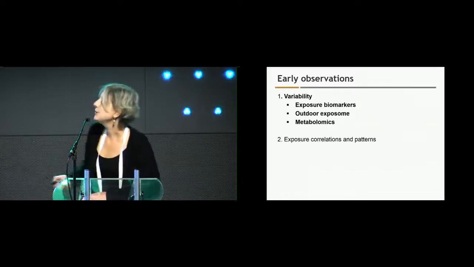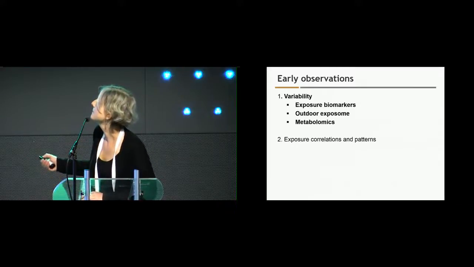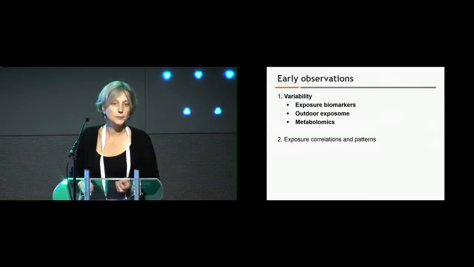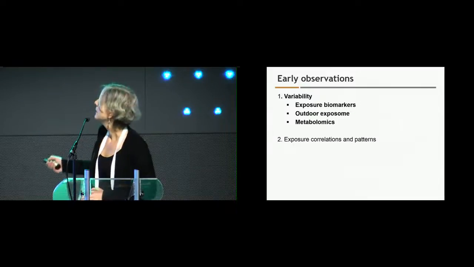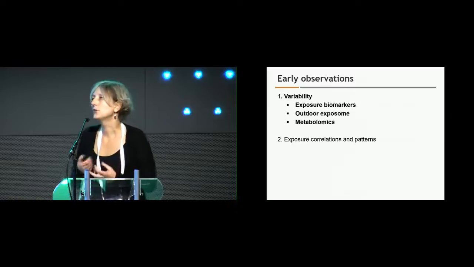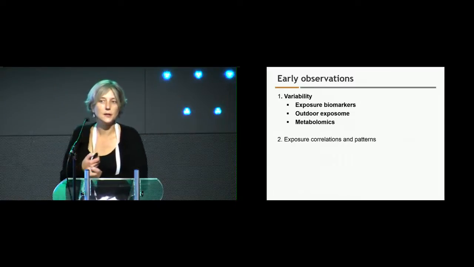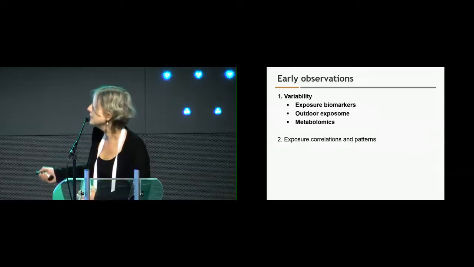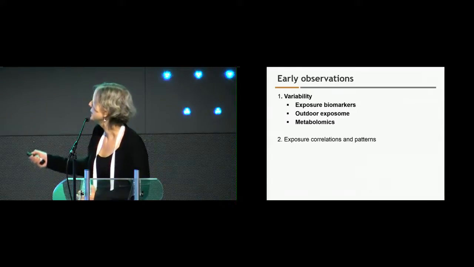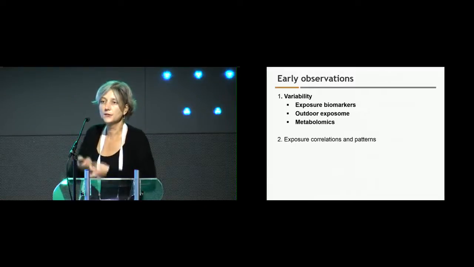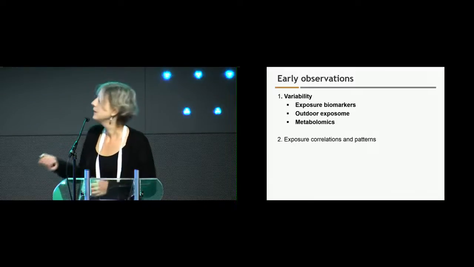So in terms of early observations, I'm going to just focus on a few fairly descriptive parts of the project. So all our work on exposures and health associations, I will not present today. It's not ready yet to be presented. But we have some early observations on the descriptive work in terms of the exposures.